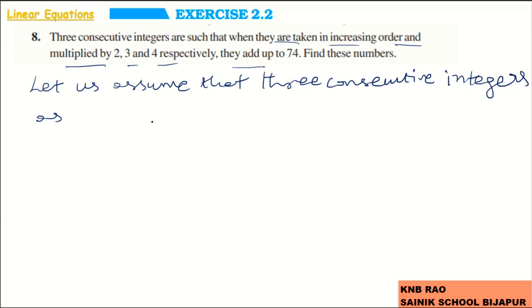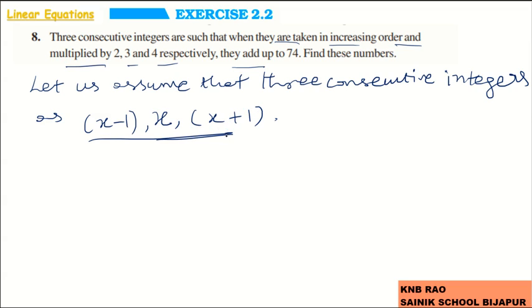See children, if I assume the middle one as x, I can have the next one as x plus 1 and the previous one as x minus 1. This is another way of assuming. Either we can start with the first one as x, x plus 1 and x plus 2, or we can take the middle one as x, the previous one as x minus 1 and the next as x plus 1.